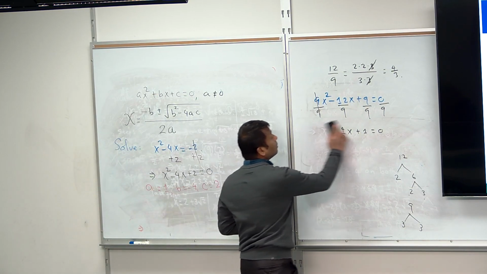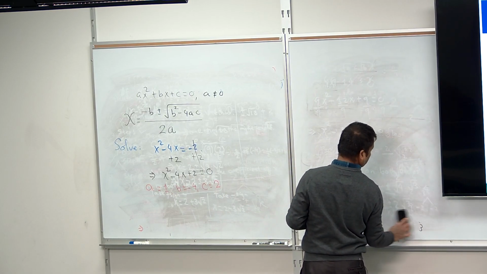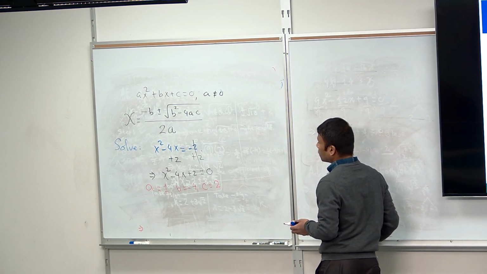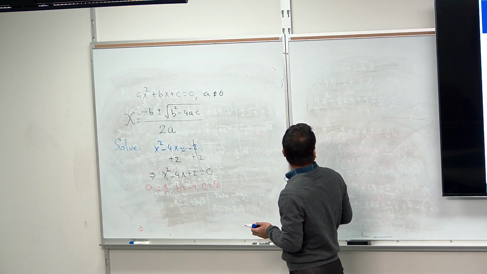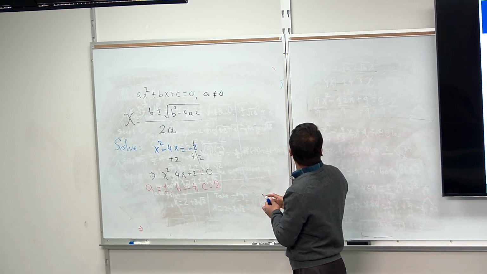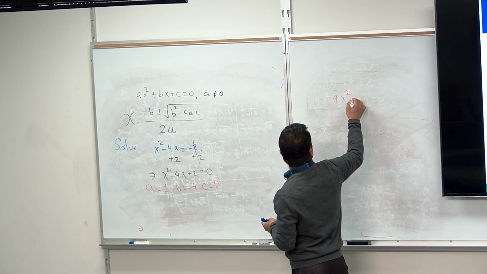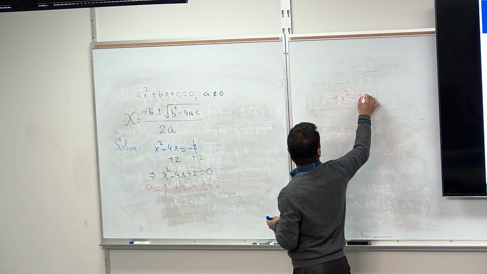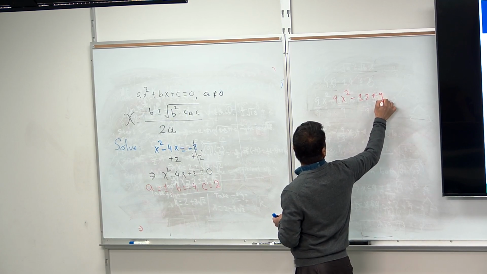So now, was that the answer to that question I just raised for the previous one? No, I just gave you the idea. I did not complete this problem. Okay, so this is what I told you. This is 9x squared minus 12x plus 9 equal to 0.